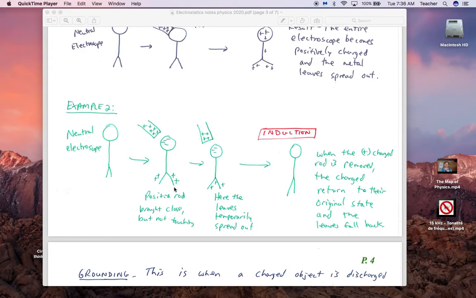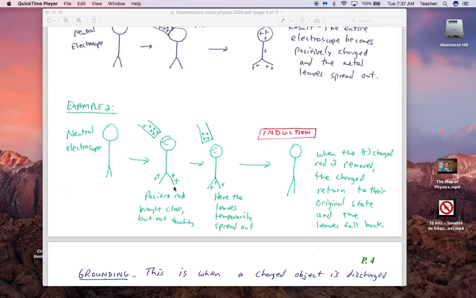Again, in reality, there's trillions of positives and negatives in any neutral object. We're just showing the excess, and it's really a sketch. So I don't know exactly how many there are. So, at any rate, like charges repel, opposite charges attract.